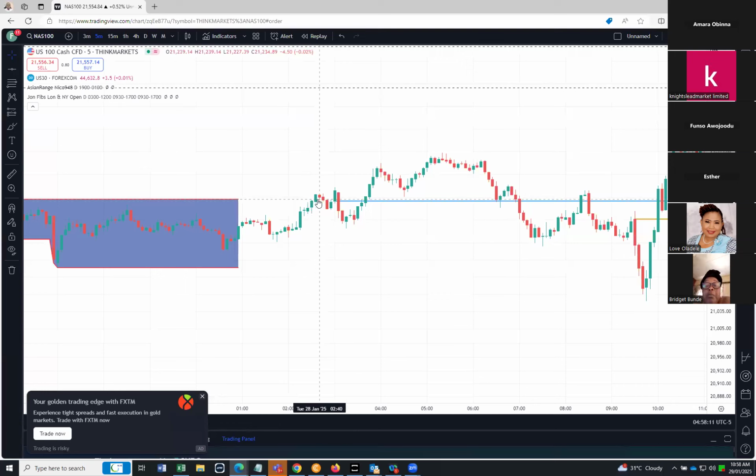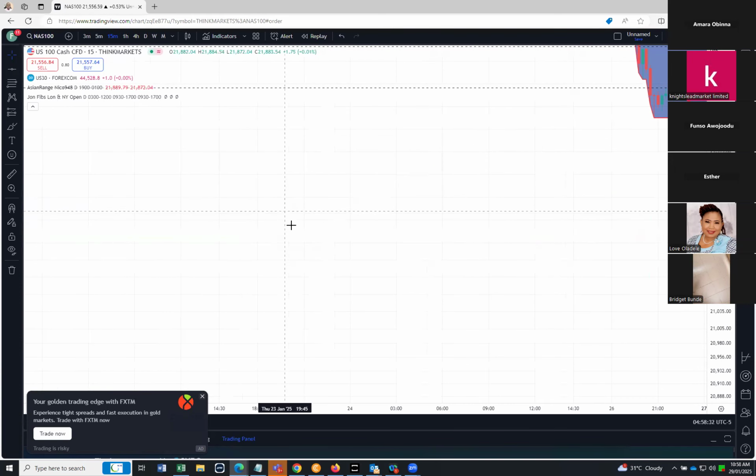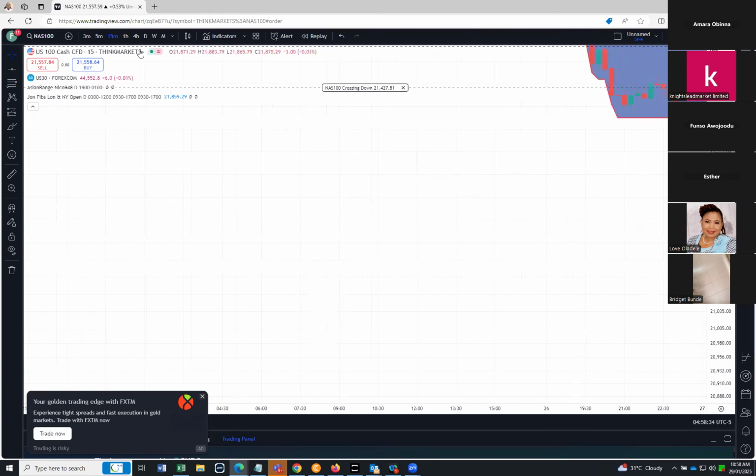But when you look at the next one, this actually closed above it too. This is where I'm saying that knowledge of candlestick patterns can help you. But even if you are not very confident, once you are not sure, instead of 5 minutes, you can use a 15 minute candle, because that will give you more confirmation.